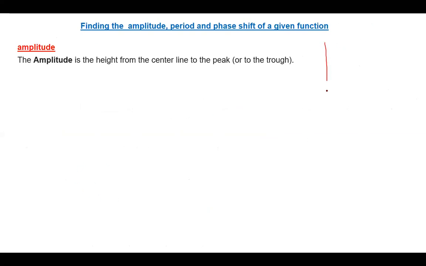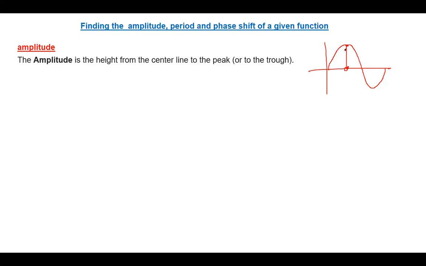The amplitude is nothing but the height from the center line to the peak or to the trough. When you have your graph like this, and this is your sine graph, the amplitude is just the distance from the peak up to the center line.